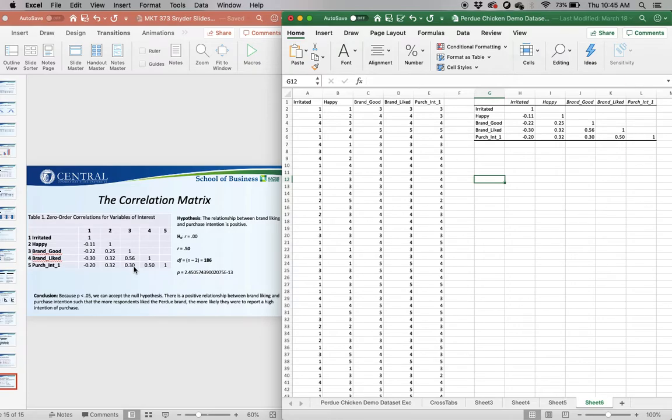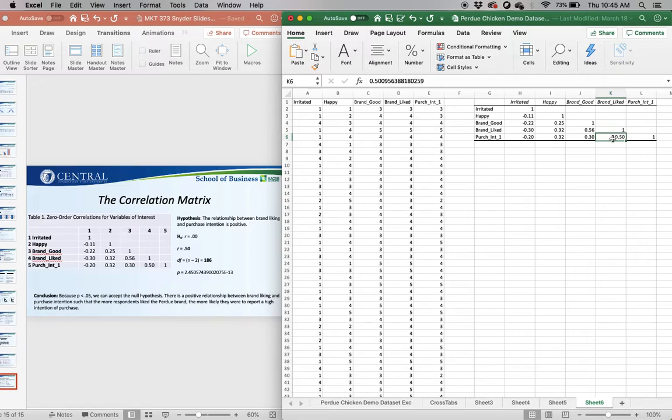But here's the thing. What if we want to test a specific hypothesis about correlations? And so in the lecture, we forwarded the hypothesis that the relationship between brand liking and purchase intention is positive. So the first thing we can do is look for that correlation. So here's purchase intention, and here's where it intersects with brand liking. And as you can see, the correlation between the two is positive, and it's a 0.5, which is a pretty sizable correlation.